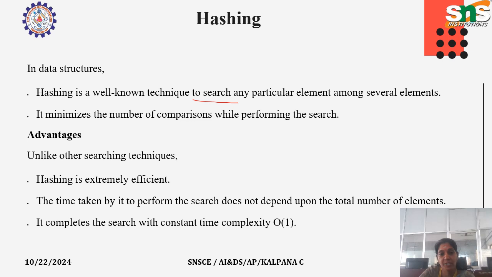Like those, hashing is a more efficient technique than linear and binary search to find a particular element among many elements. It minimizes the number of comparisons while performing the search. That is the advantage of hashing techniques. Here the time complexity of hashing is order of 1, that is big O of 1.